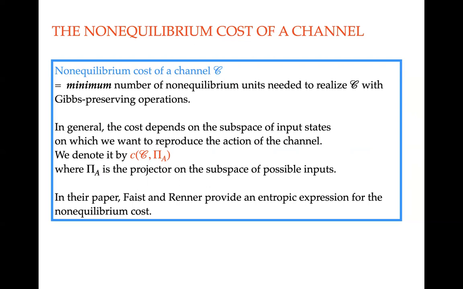In the paper by Faist and Renner, they provided an explicit entropic formula for the non-equilibrium cost of a given quantum channel. I will not give the formula here because we'll build on it later, and we'll give you the formulas that actually pertain to our special case. But I would say the main result of the paper, besides the framework, is that there is this entropic expression of the cost of a channel.